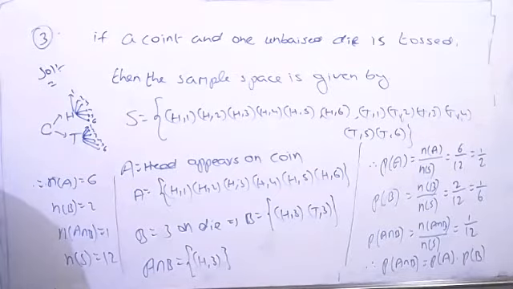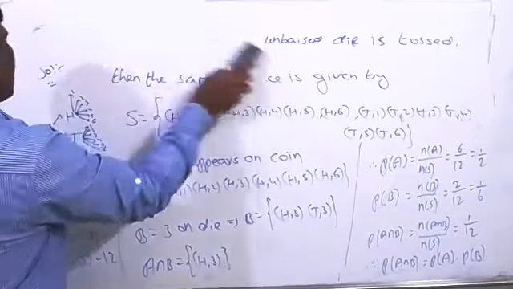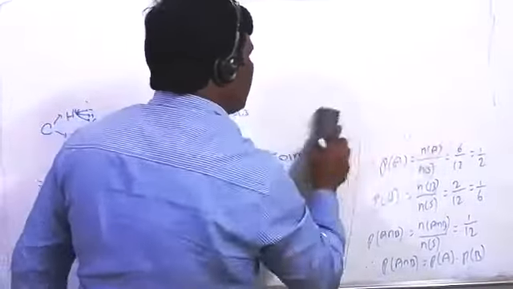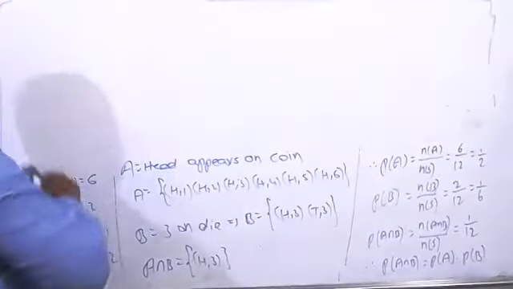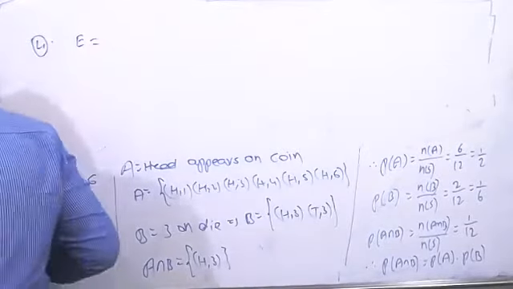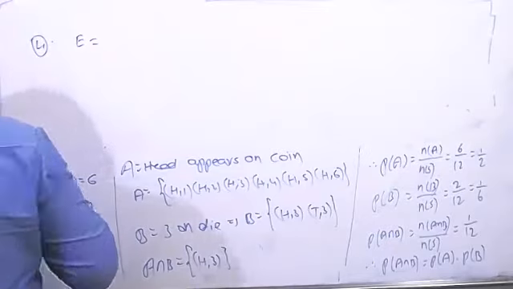Right now. Next one. Three coins are tossed. Consider the events. The event E equals 3 heads or 3 tails.